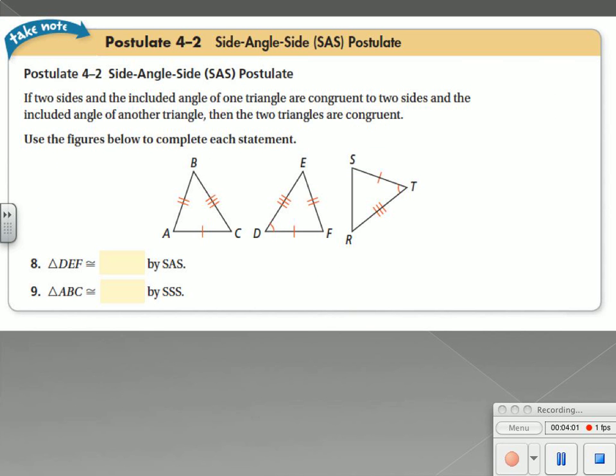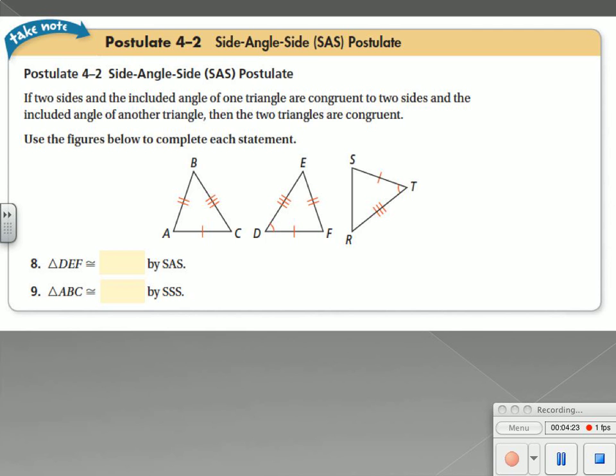Another postulate we're going to learn about in this section is postulate 4-2, the side-angle-side postulate. If two sides and the included angle of one triangle are congruent to two sides and the included angle of another triangle, then the two triangles are congruent. We're going to use the figures below to complete each statement.